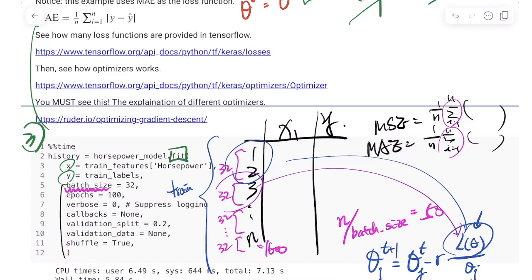That is how you do it, because it is much easier to calculate those values. You don't have to use the entire data set to perform one gradient descent.